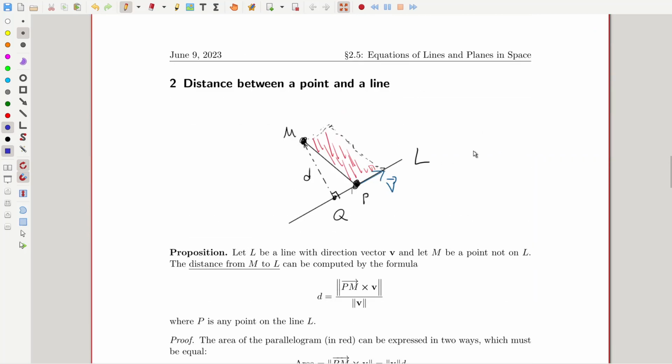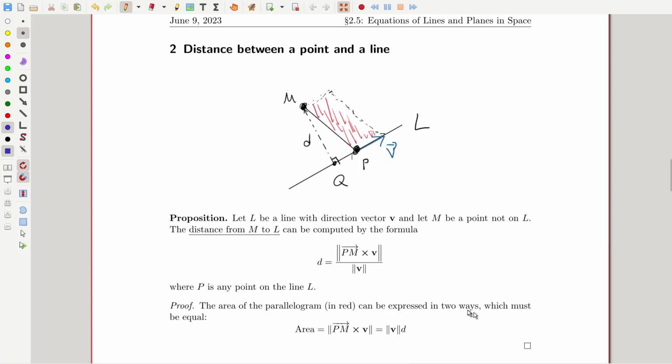Now here's a common problem to do. Given a line and a point not on that line, can you determine the distance between the point and the line? So we have the following formula. Given the line L with direction vector v and M, a point not on the line, the distance, which in this picture is this dotted line, and I'm denoting its length by d, can be computed by this formula.